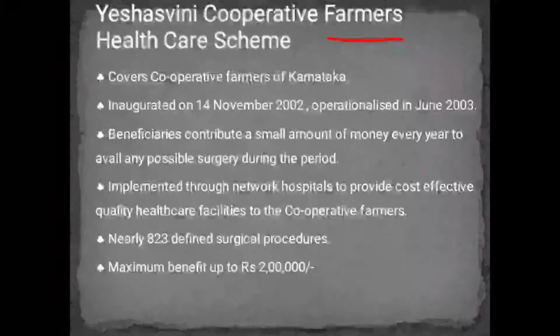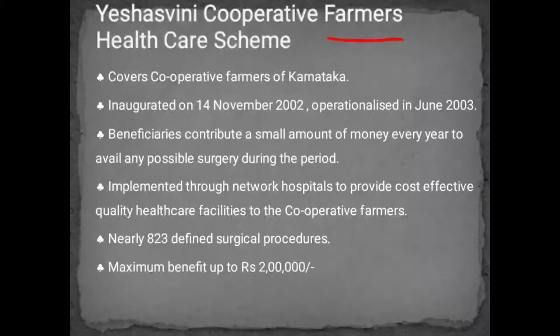Beneficiaries contribute a small amount of money every year to avail any possible surgery during the period. Implemented through network hospitals to provide cost effective quality health care facility to the cooperative farmers. Nearly 823 defined surgical procedures are there. The maximum benefit is up to rupees 2 lakhs. Above that, not paid. This is the Yashaswini scheme.